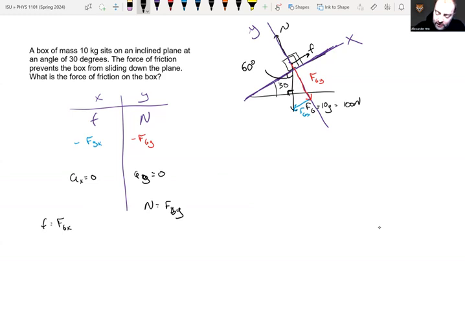Now, the other thing we know is that this angle right here is 90 degrees. So that's the angle between the x-axis and FGy. Now, if that angle is 90 degrees and the angle between gravity and the x-axis is 60, that means that this angle right there has to be 30 degrees.